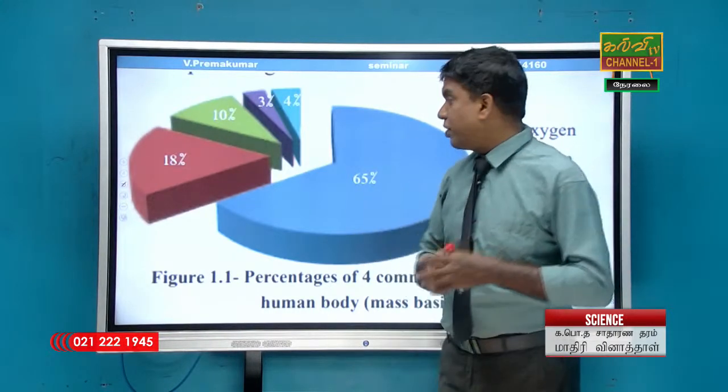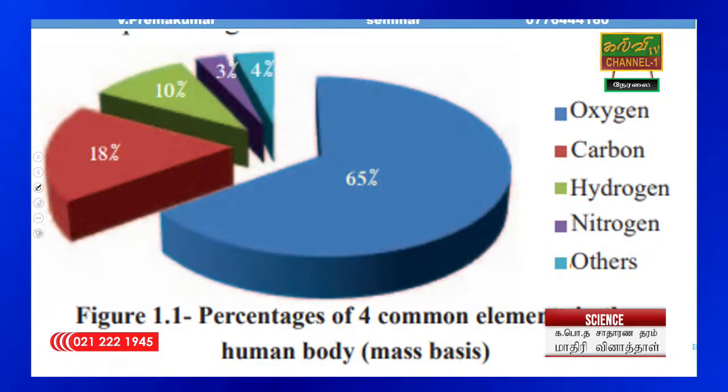According to mass, which is more? 65% oxygen. When you consider the human body, they said about 65% oxygen. That is the highest amount.